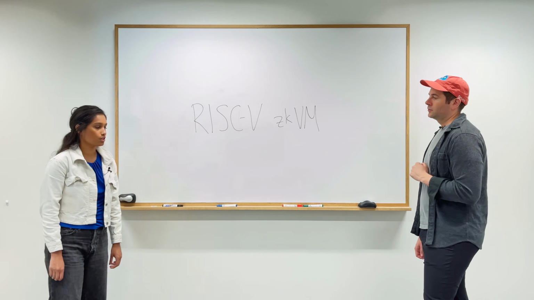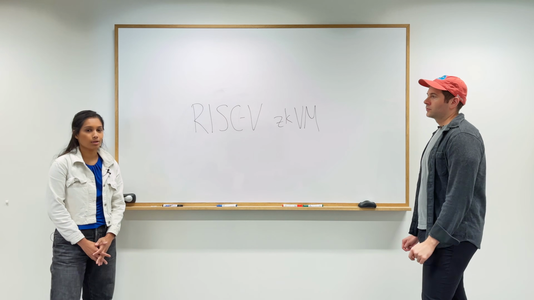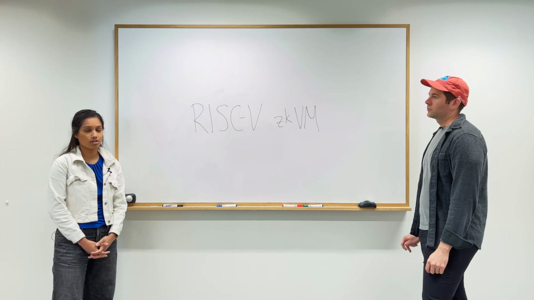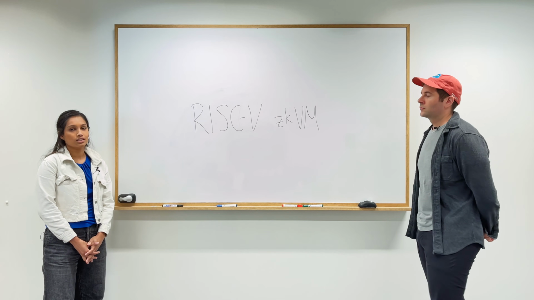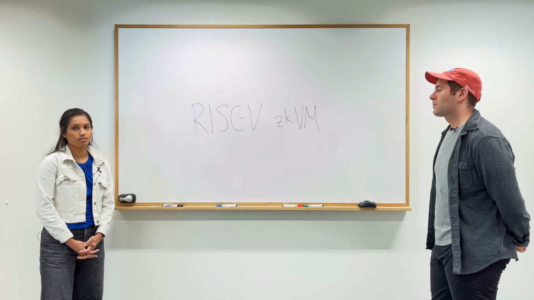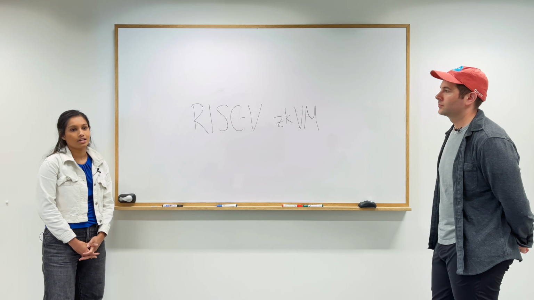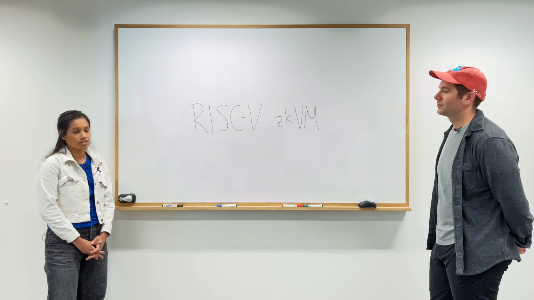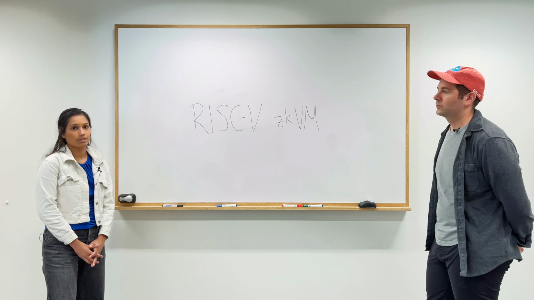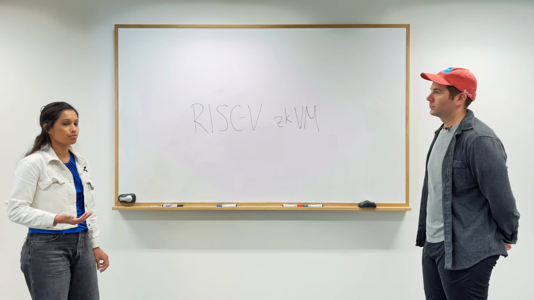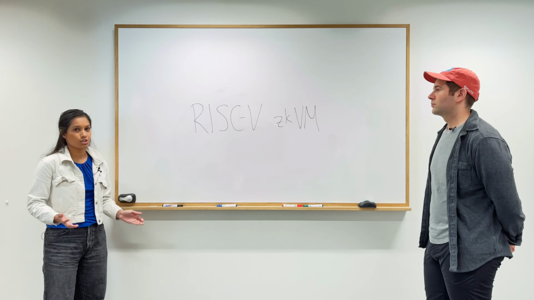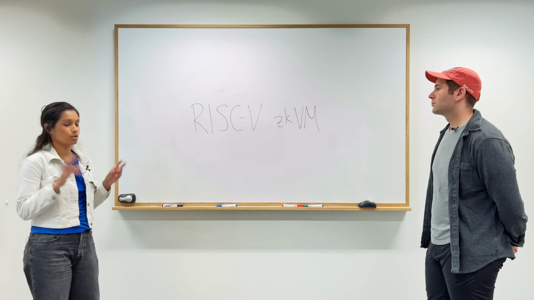Yeah, for sure. So maybe we can start off by talking about what zkVM stands for. It stands for Zero Knowledge Virtual Machine. If you are used to a previous era of ZK, typically you would write a circuit for your computation, where you take the function that you want to generate a ZK proof of, and you write a fixed computational graph for it that a lot of people call circuits.